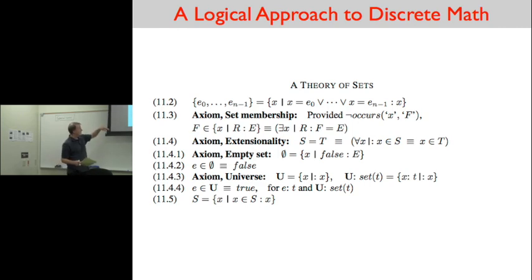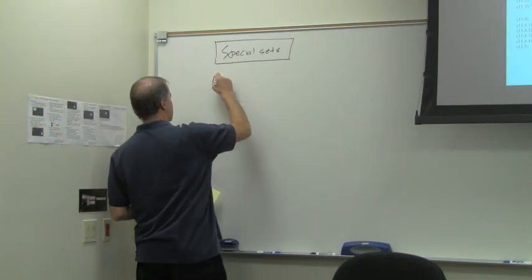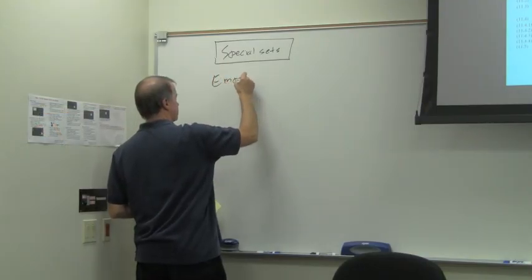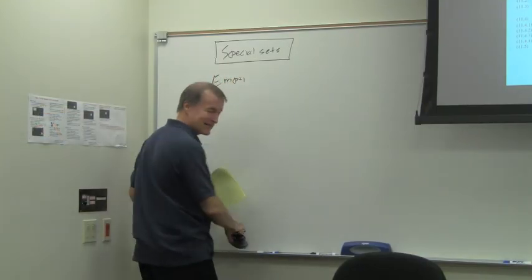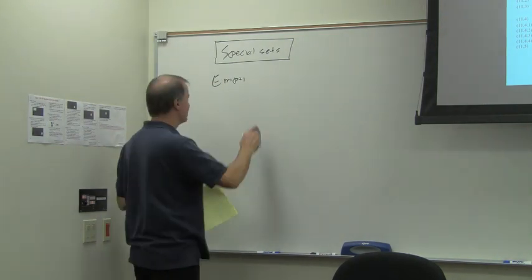So I found it helpful to formally define these special sets. The first set, we actually gave an example of last time, I think, at the end of class. 11.4.1 is the empty set. Okay, so the first one is called the empty set. We did do this the very last. I think the very last one was an example of the empty set.